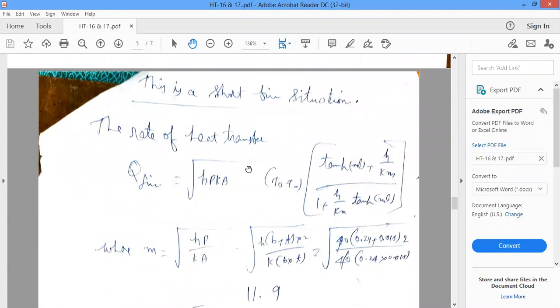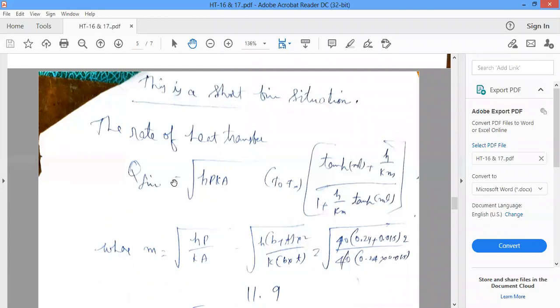So for each and every fin, what is the heat that is being dissipated, the heat transfer rate through a single fin?